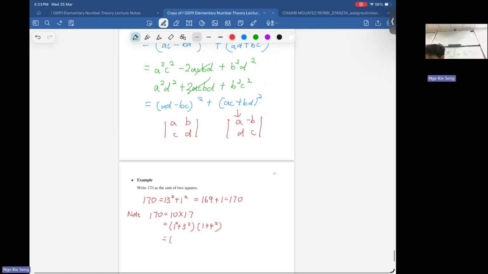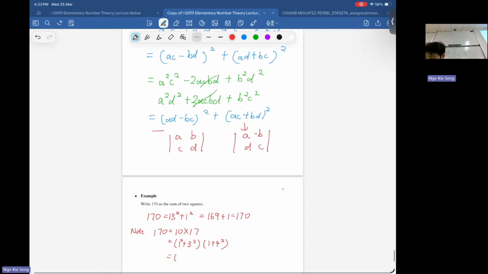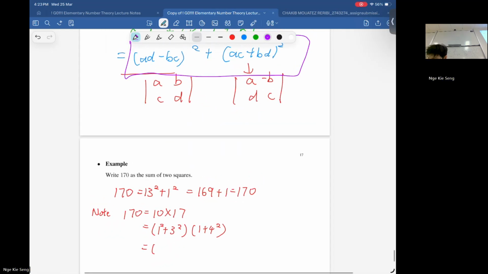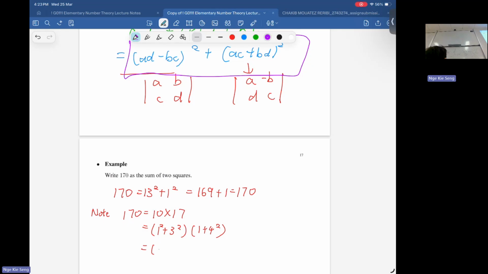So AD minus BC, you get (1·4 minus 1·3) squared plus (1·1 plus 3·4) squared.